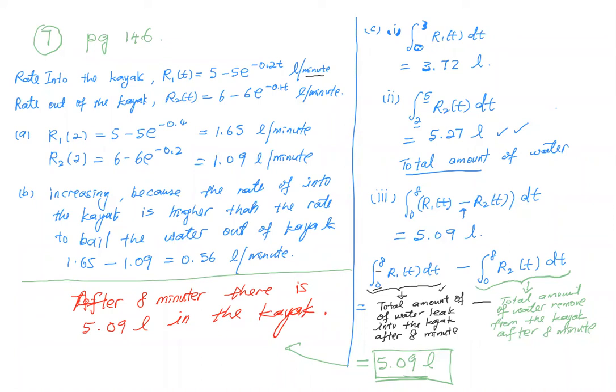No, why not? After 8 minutes, I have this amount of water in the kayak. Why am I wrong? Can someone tell me? Because someone disagrees with me. Then after 8 minutes, there is 5.09 liters of water in the kayak.